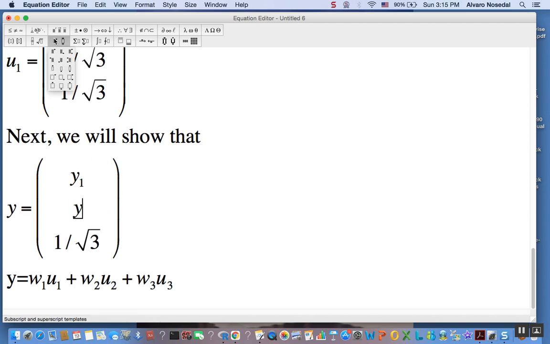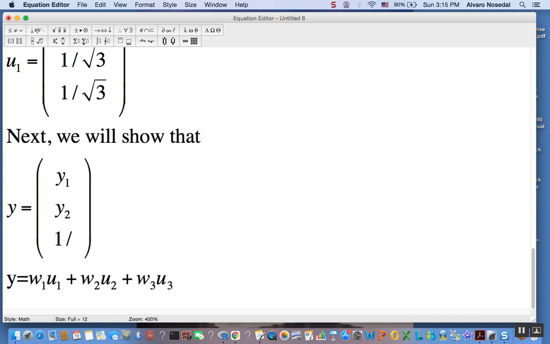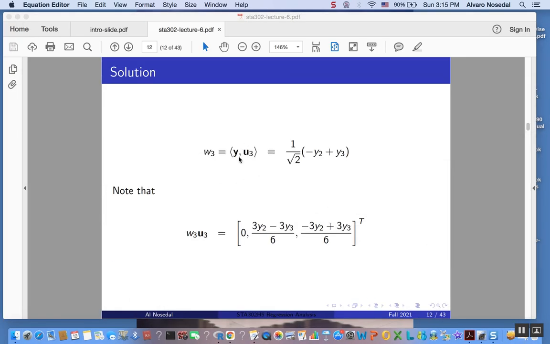It's generic. y1, y2, and y3 could be any number. So what we're claiming is that now we have an easy way of expressing y as a linear combination of u1, u2, and u3, that we can find these guys easily. Okay? So we have a way of finding w1, w2, and w3 easily using inner products, right?